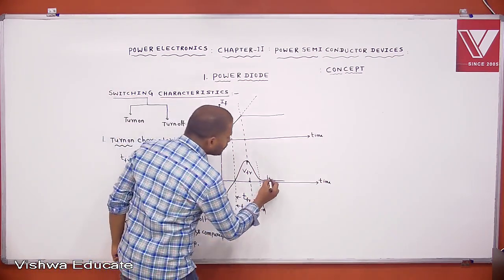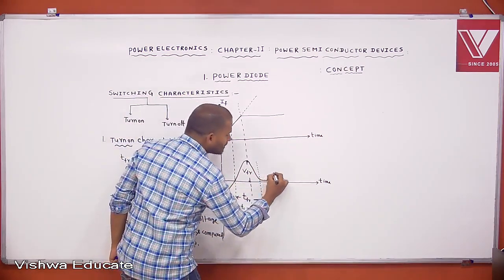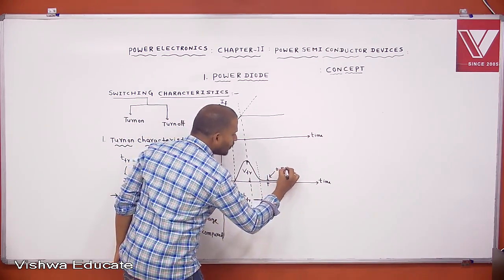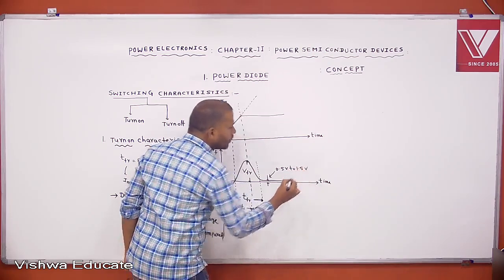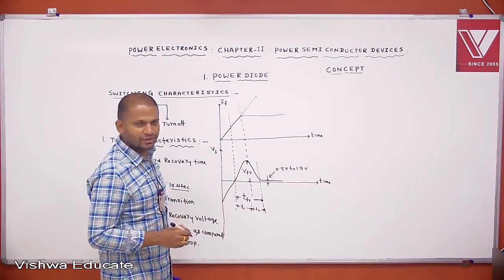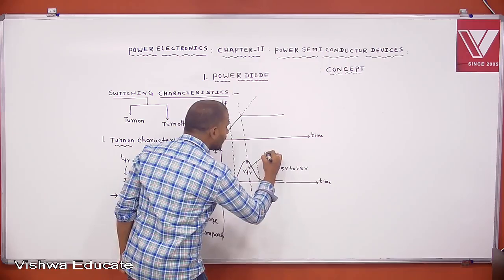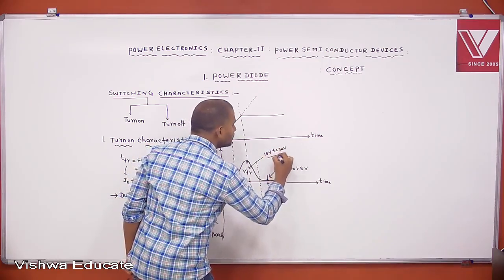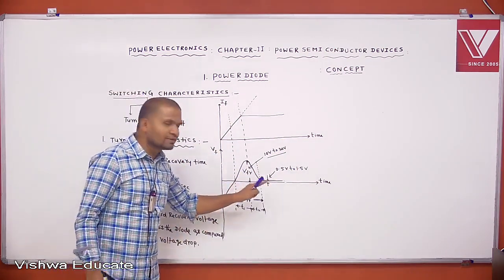On state voltage drop means when the diode is completely turned on, the voltage across the diode is this one. This is in the range of 0.5 volts to 1.5 volts, depending on the rating of the diode. Then this forward recovery voltage is in the range of 10 volts to 30 volts. See the difference.